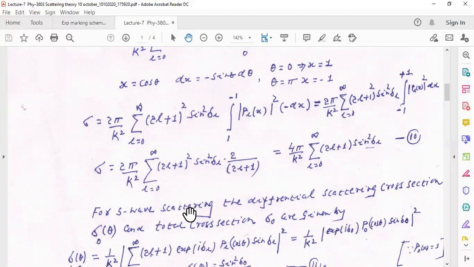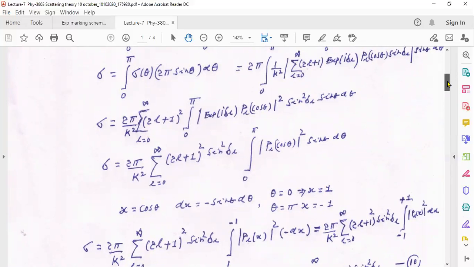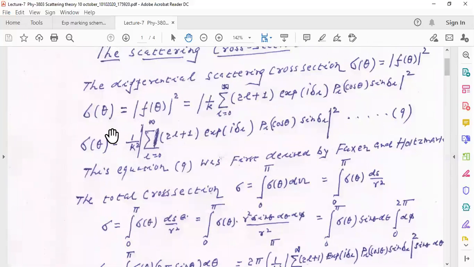So for S wave scattering, look at the formula here, number 9, sigma of theta. If you want to calculate sigma of theta for L equal to 0, I put a subscript, sigma 0 of theta. Sigma 0 of theta means the differential scattering cross section for L equal to 0, and for L equal to 0, the partial wave is characterized by the S wave.